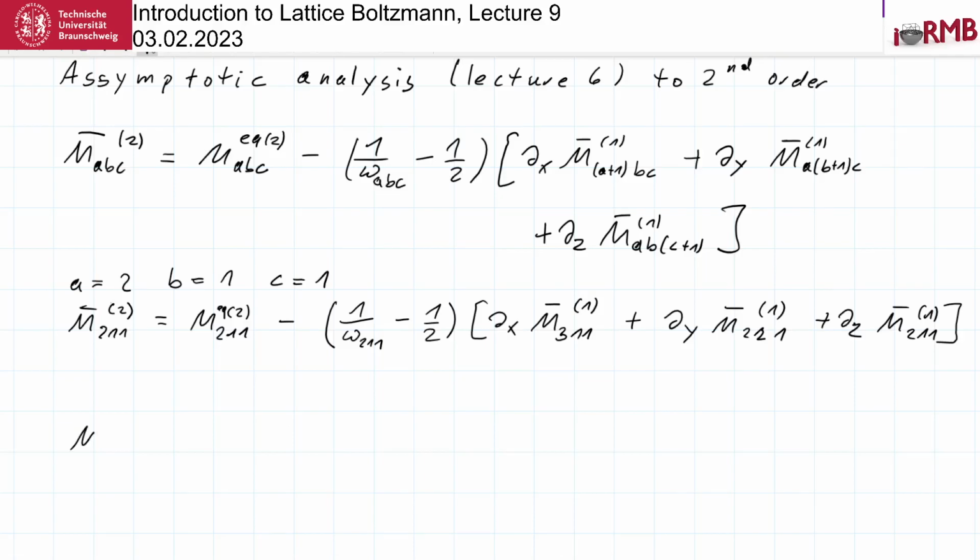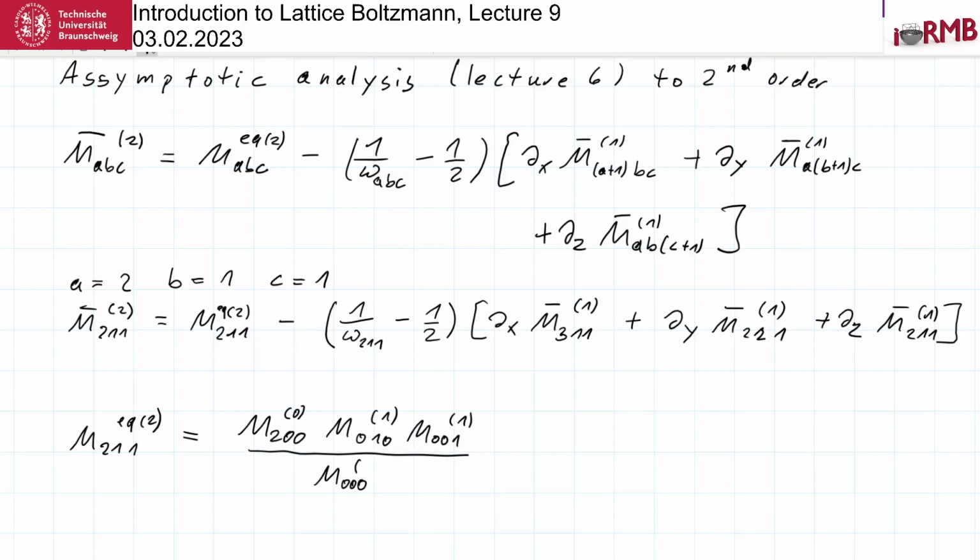Okay, so let's identify these guys. So the equilibrium we get from the factorization, right? So this is the meaning of the Maxwell equilibrium, that the different degrees of freedom factorize. So then we have M1001. So at least if I make a mistake, you should point it out, right? So that we have it later correctly on the recording.